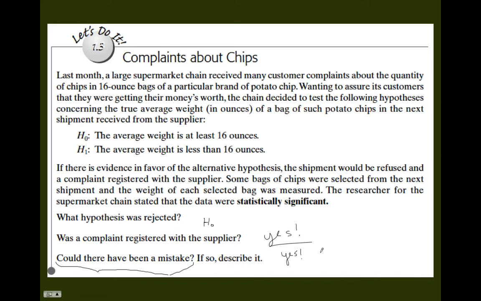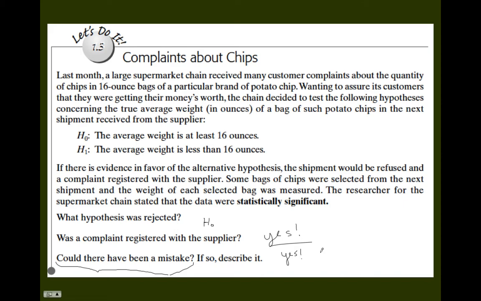It's possible that the sample bags were skewed. It's possible that just due to bad luck, we ended up with a bunch of really light bags of potato chips. Because what you have to keep in mind is we can't study the whole population.